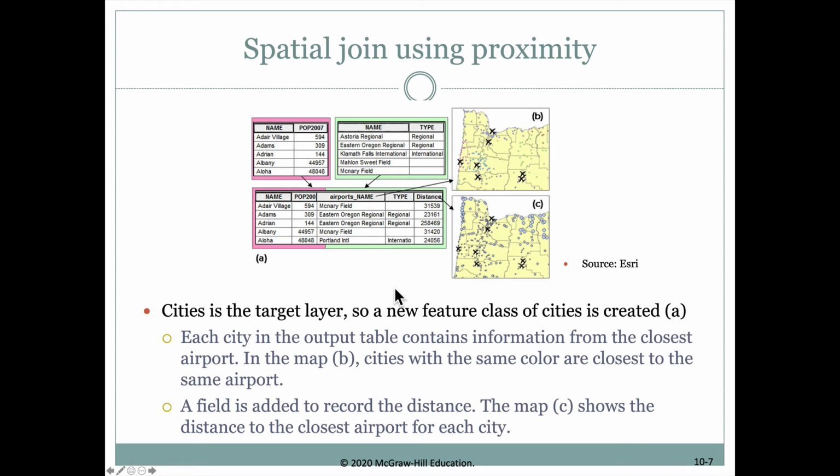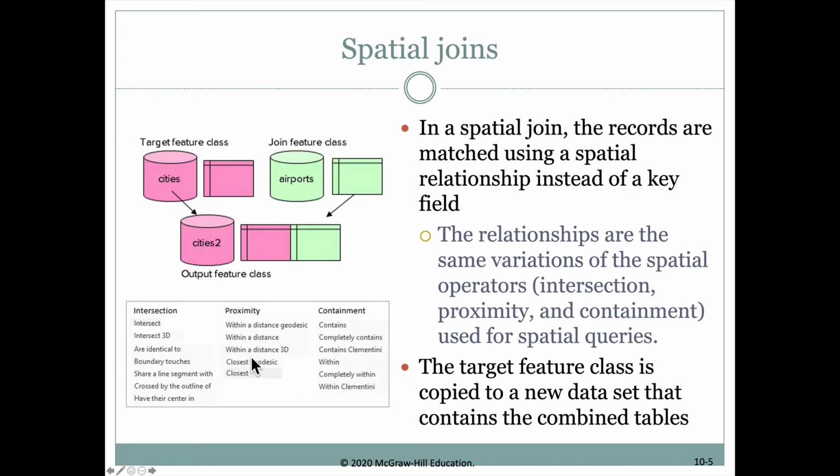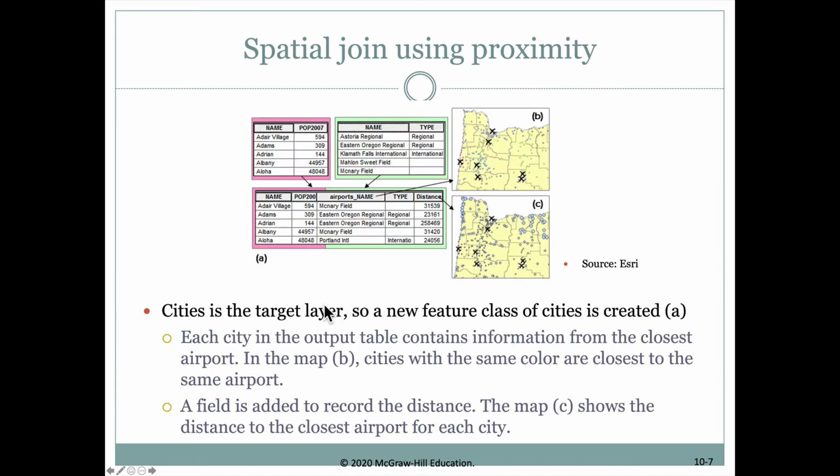Here's another example based on proximity. So if we flip back to slides, proximity would be these ones here. For the proximity, we're looking for a spatial join where we're looking at the names of various cities and the names of airports and which cities would be closest to these airports. So in the output here, we have once again the list of the cities, and then this was joined not by a common row or common column in the attribute table, but by cities that were within a certain proximity of these airports.